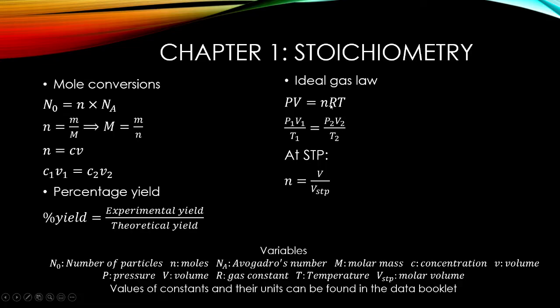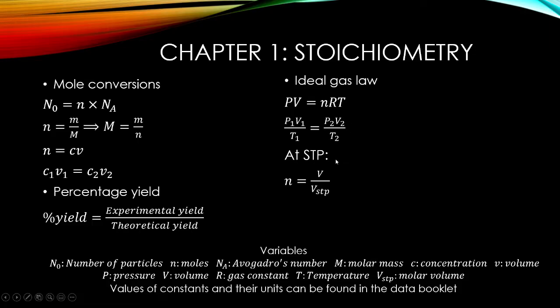And you see that the R is not here because it's a constant, so you can just cancel it on both sides. So this equation is for when you change a variable in a gas. For example, if you start with a pressure 1 and then you increase it to a pressure 2, and you want to see how temperature changes, you can use this equation.